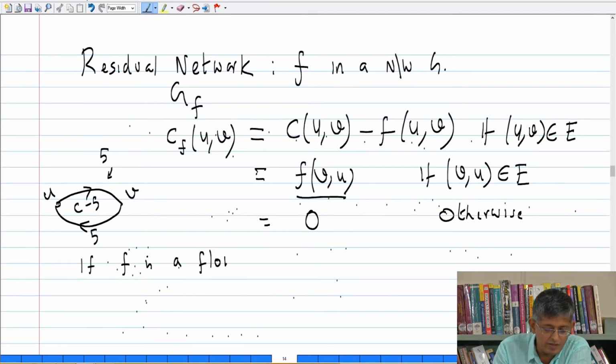I will come to this proof a little later, but I will convince you of this, move ahead and prove a sequence of properties, and we will come back to this.